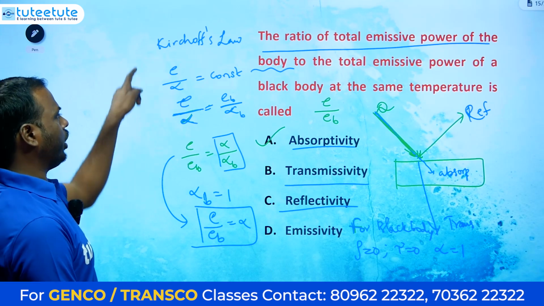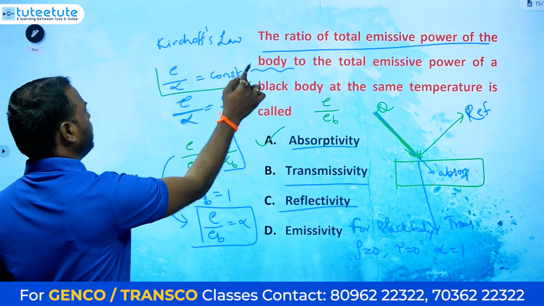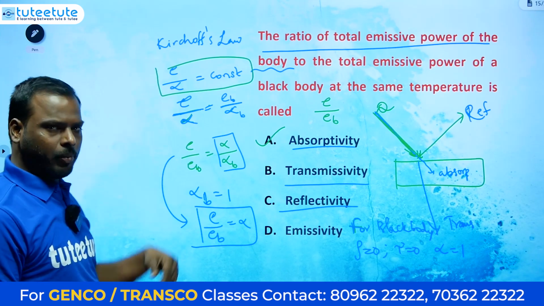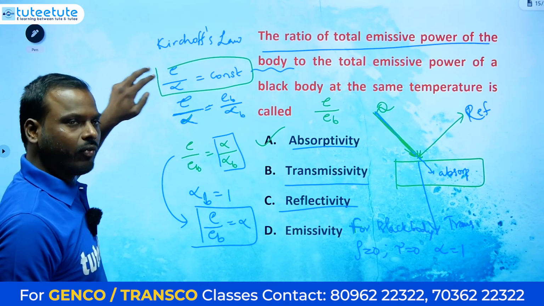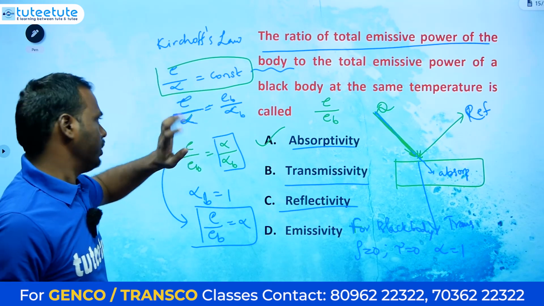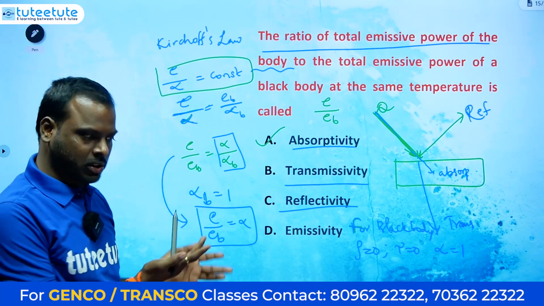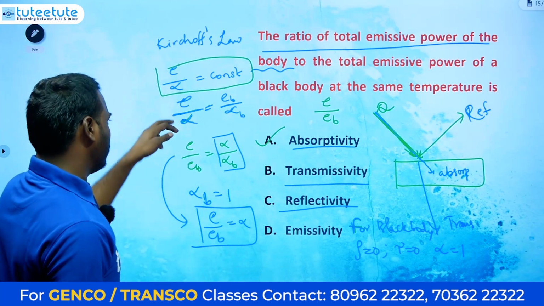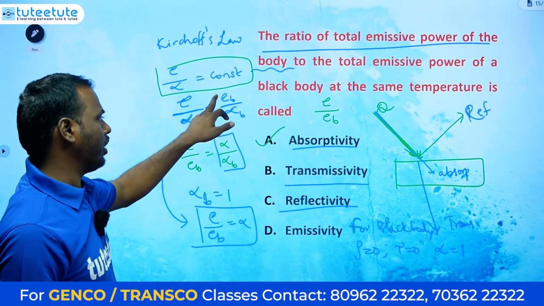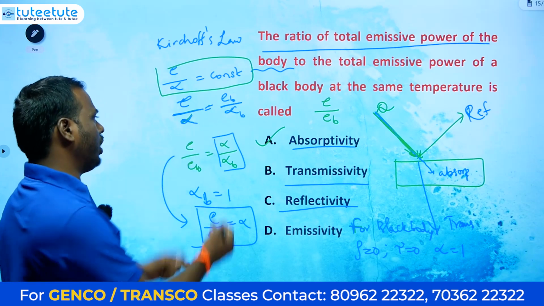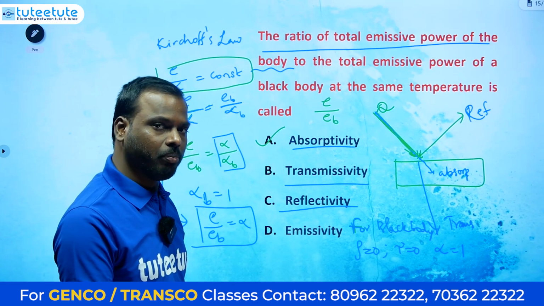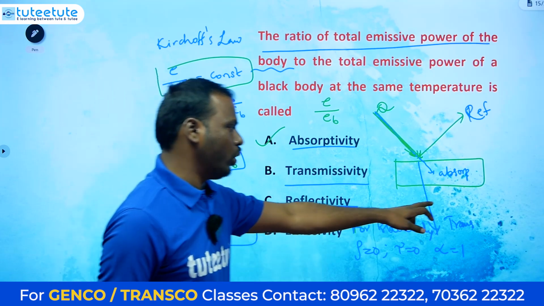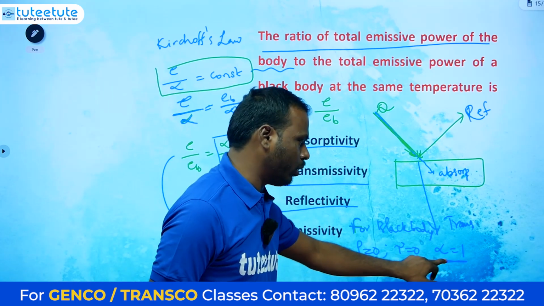According to Kirchhoff's law, E by alpha is equal to constant. Whatever body you are taking, E by alpha will be constant only. One I am taking is a black body, another one is a normal body. But I know that absorptivity for the black body is equal to 1.